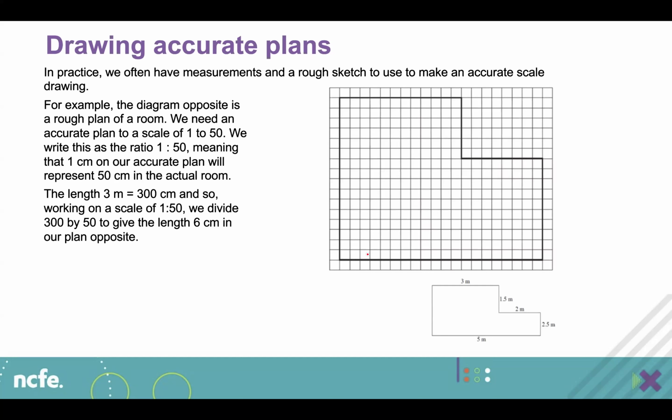So the length 3 meters equals 300 centimeters. Working on a scale of 1 to 50, we divide by 50, which equals 6 centimeters in our plan opposite.